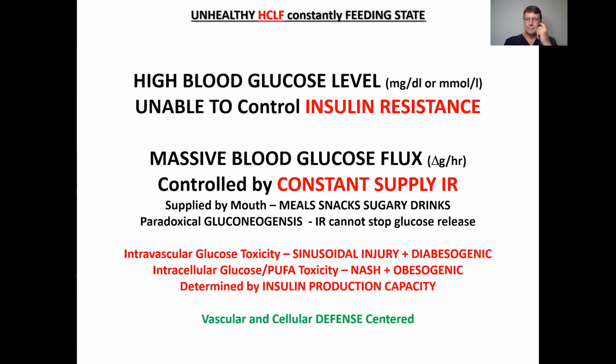And here's the problem, that the human body over time now goes into defense mode. Because one of the things to understand is that a chronically elevated level of sugar is highly, highly toxic to the human body. And it's toxic primarily in two settings. The first part is it is toxic in the bloodstream.